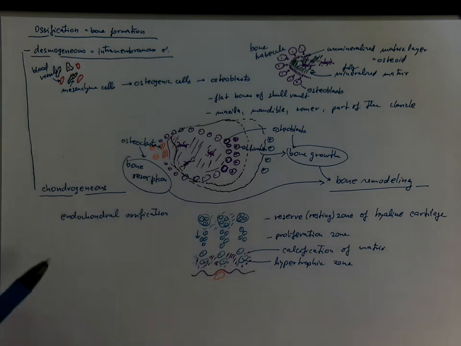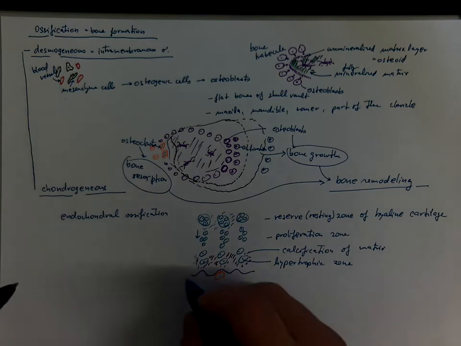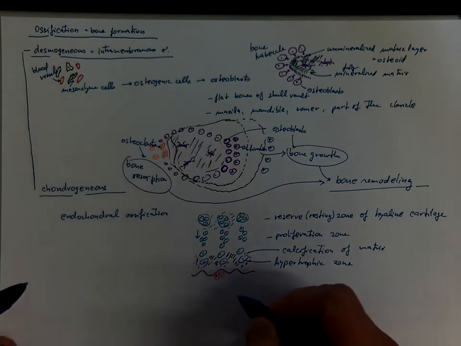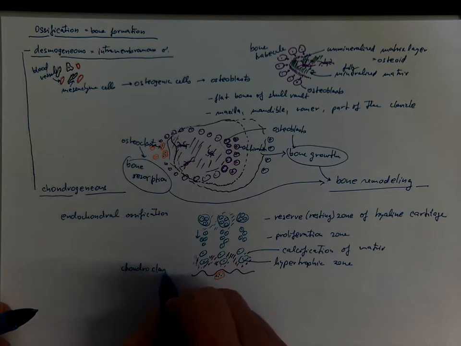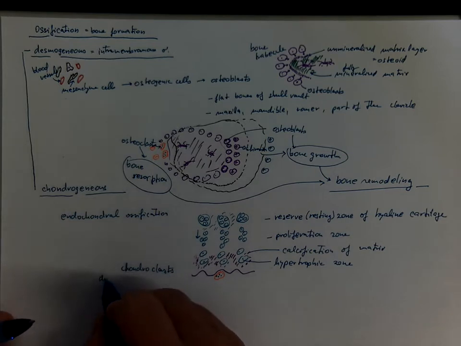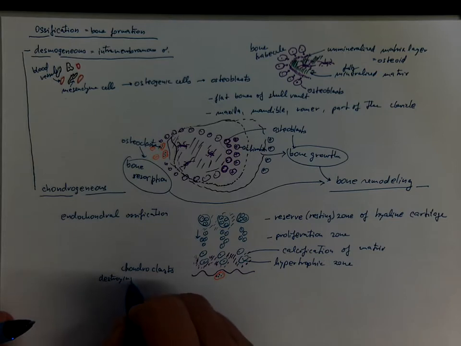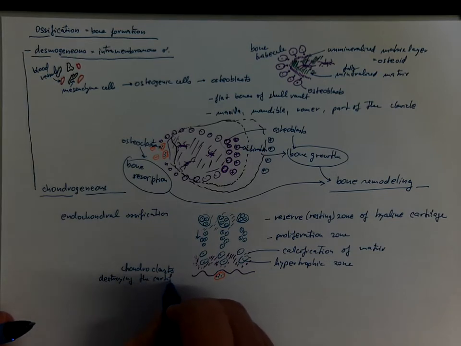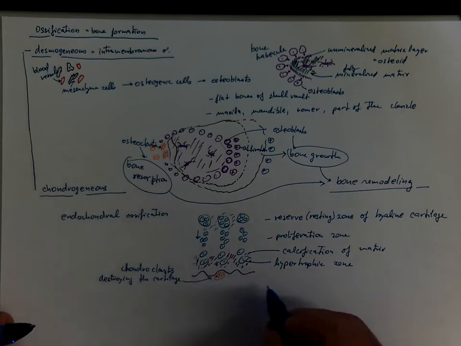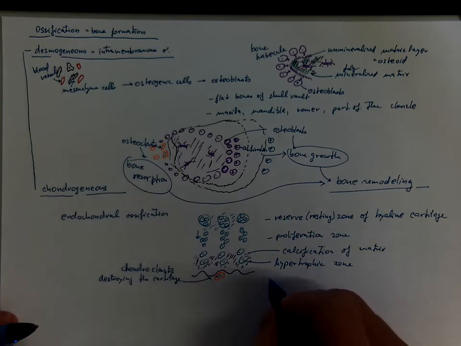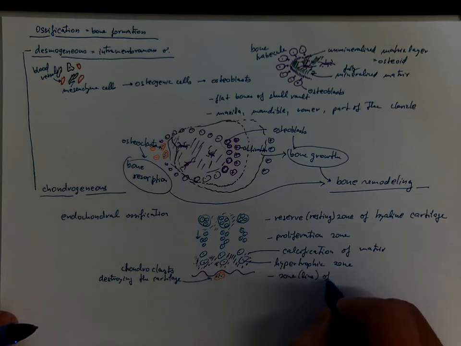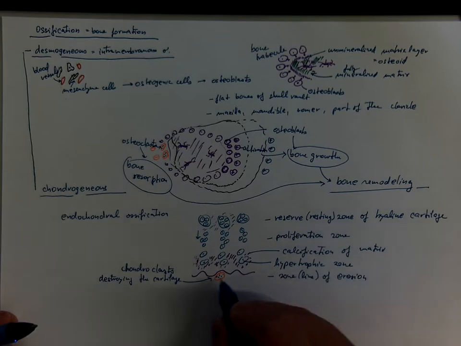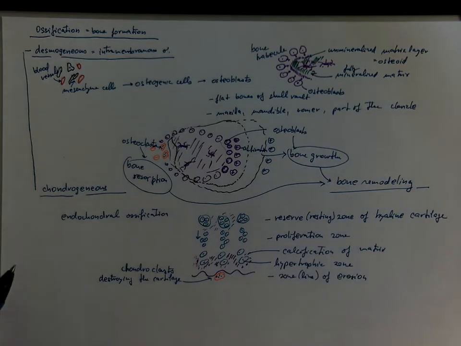And again, they have enzymes that can destroy the cartilage. Chondroclasts, destroying the cartilage. And this line is called the zone of erosion, or line of erosion. So a space is made for bone formation.